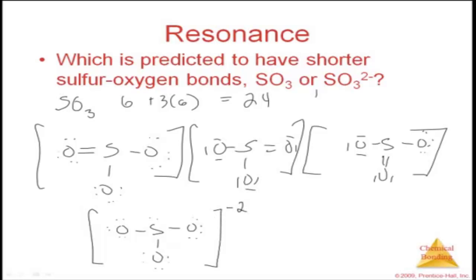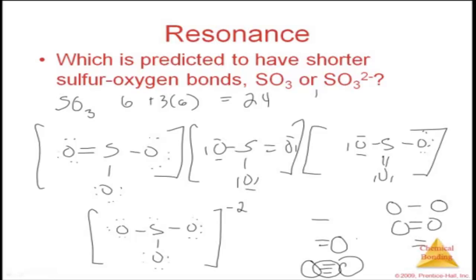So here's the deal. Which has shorter bonds? If I have a single, a double, and a triple bond, the triple bond is going to pull those atoms the closest together because I have greater electron density pulling on that. If I have a single bond, it's going to be like that. Double bond is going to move them in closer. Triple bond, really high electron density between them, is going to move them really close.